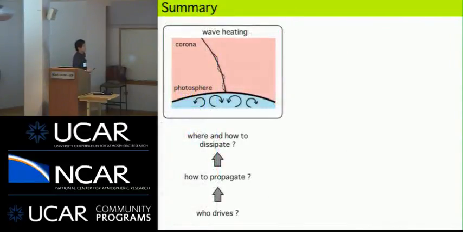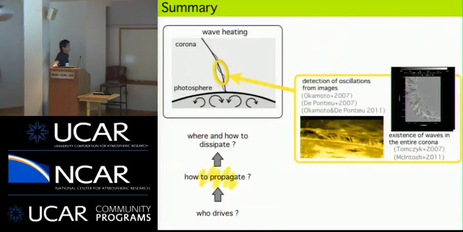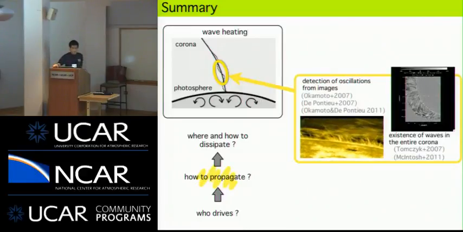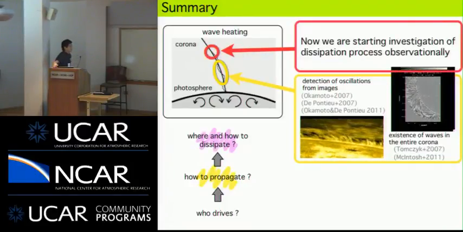So this is a summary. So far, as you know, we observed a lot of waves, in particular propagating waves in the corona, including my work and, for example, Bud, Scott, etc. And now we are going to investigate the dissipation process of such propagating waves observationally.